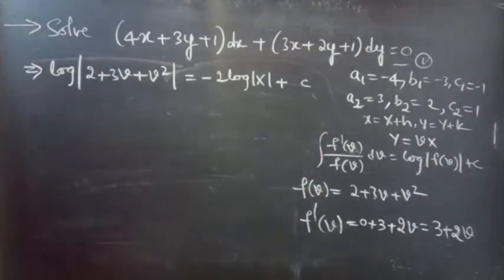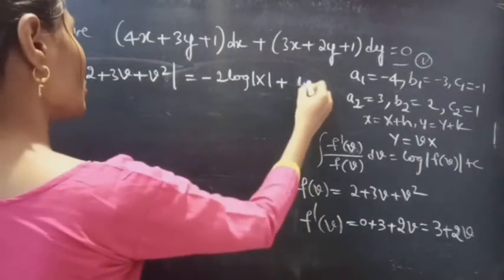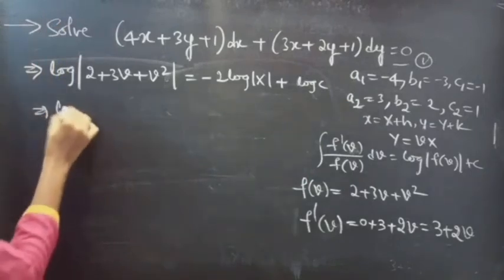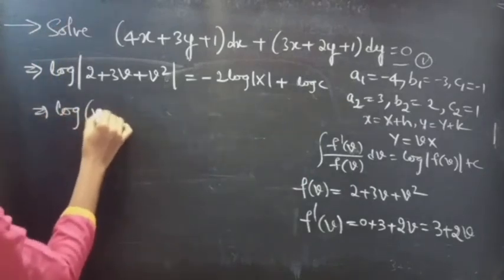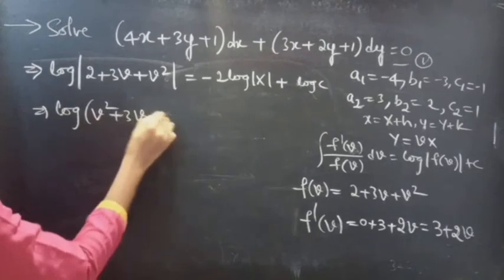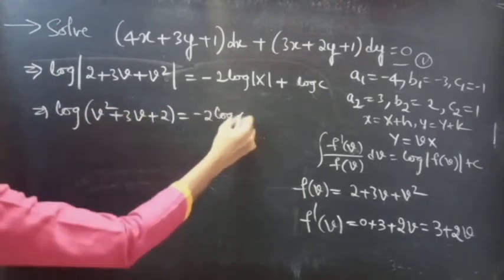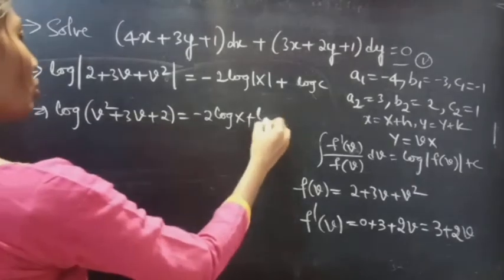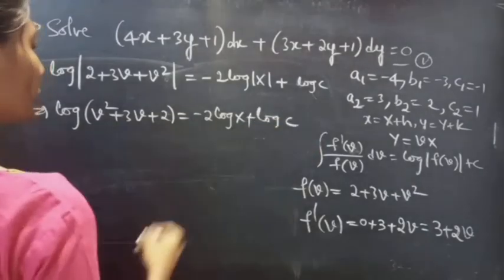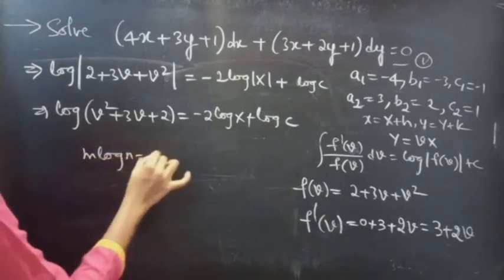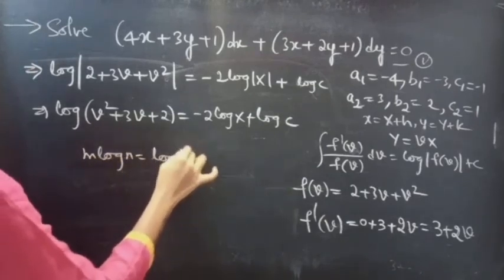Since we are having two terms in log, we'll write the integral constant as log c. Then log of v square plus 3v plus 2 equals to minus 2 log x plus log c, right? You know that m log n equals to log n power m.